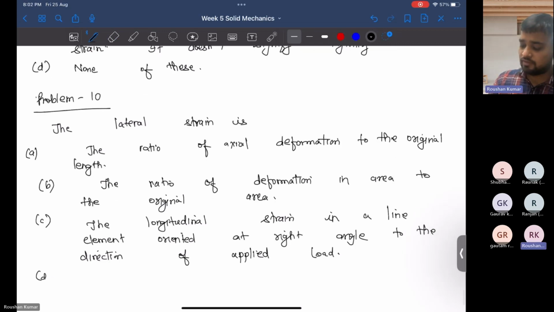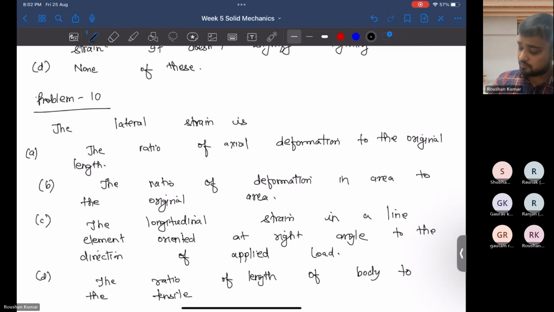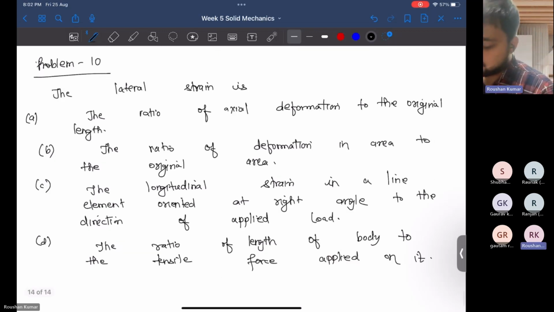And the fourth option is the ratio of length of the body to the tensile force applied on it. So here the definition of lateral strain has been asked.